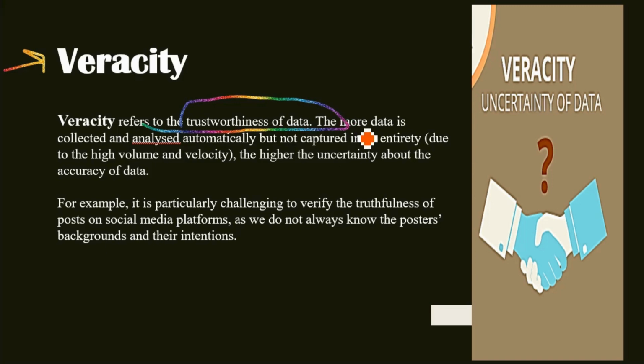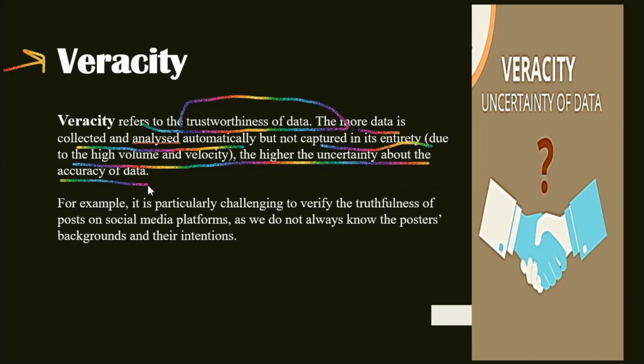Veracity is that more data is collected and analyzed automatically. Okay, so there is so much data that is being collected and analyzed, but not captured in its entirety due to the high volume and velocity. The higher the volume and velocity, the higher the uncertainty about the accuracy of data.